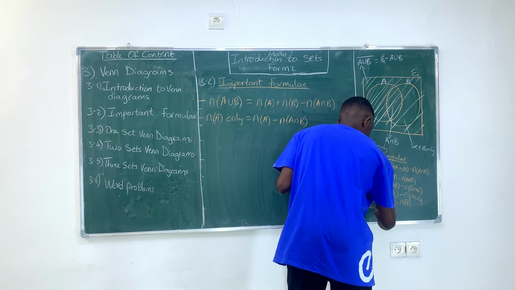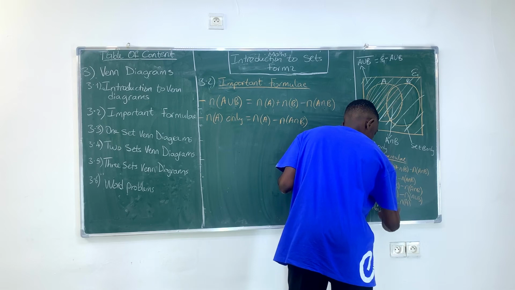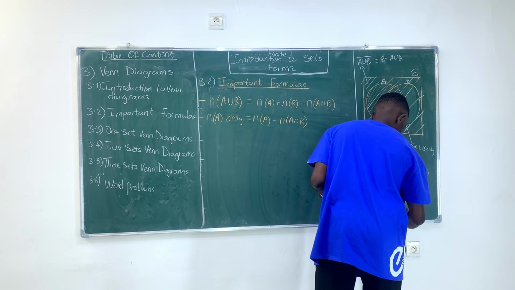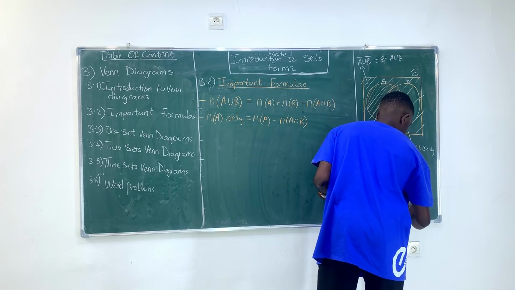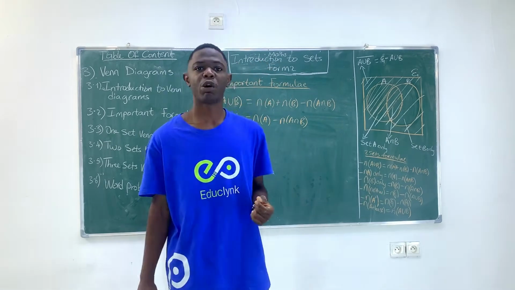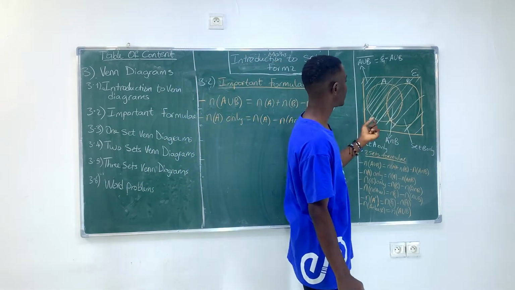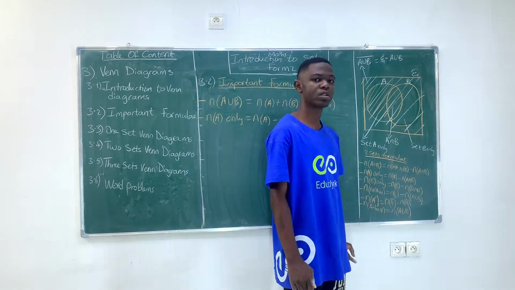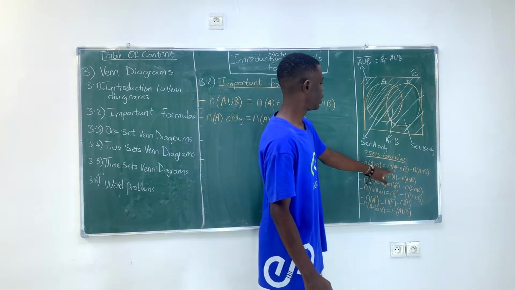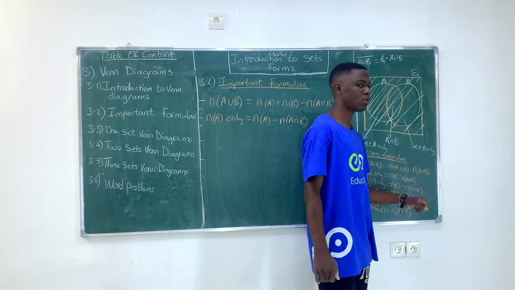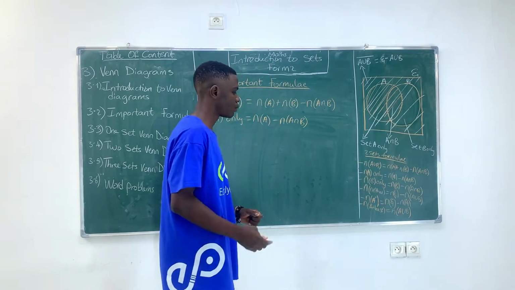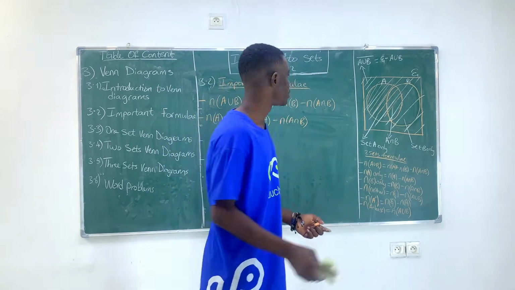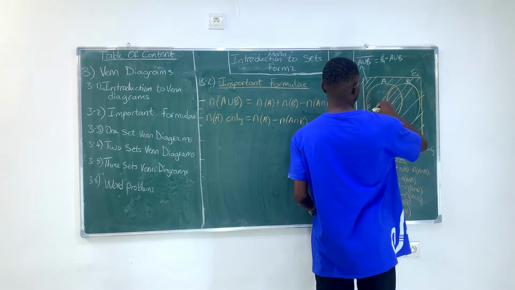The number of at least is equal to the number of A or B, which is number of A plus number of B minus number of A intersection B. So that is it for the formulas that we're going to use. Let me just write this.